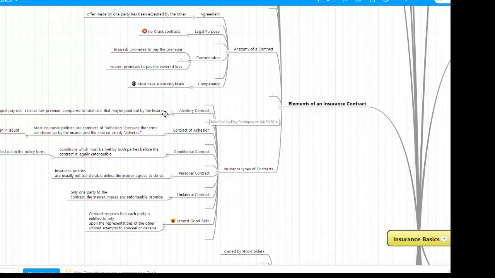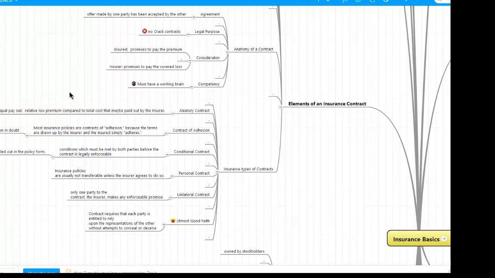So aleatory means, imagine some kind of scale where a little bit on one side would cause the other side to go up very high. This means that the payoffs wouldn't necessarily be the same. So you could have a relatively low premium, have a huge loss, and they would have a lot of money to pay off. So that's the tip of the balance.